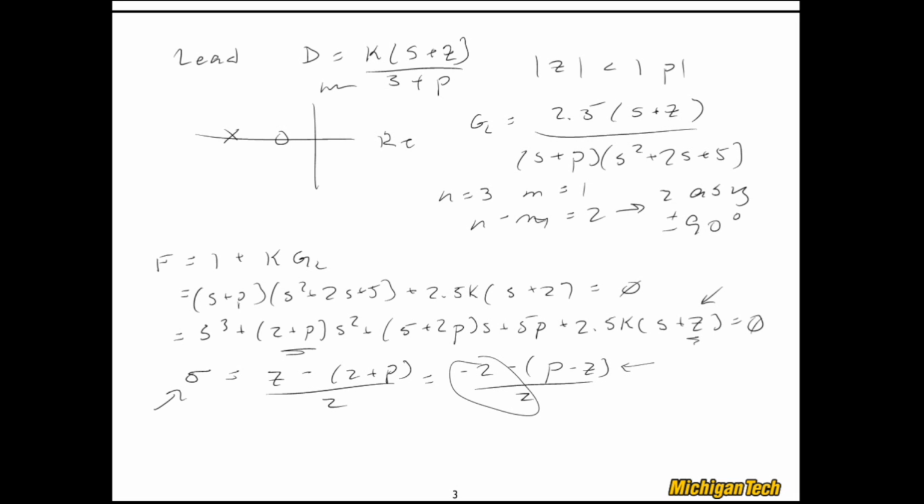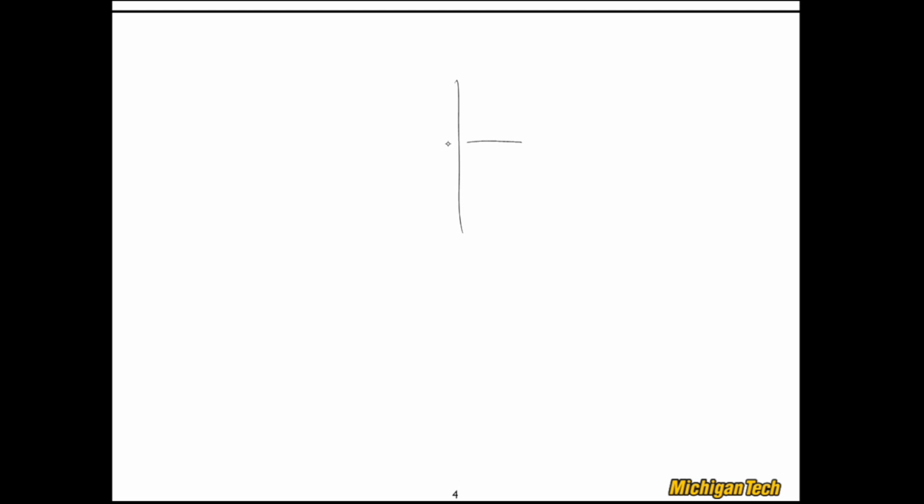So if I sketch this briefly, what will happen is, if these are the poles of the original plant, and now I add this lead compensator in there, the asymptotes are going to move over. I'll just stick them here, even though I don't exactly know where they'll be. They'll go over there.